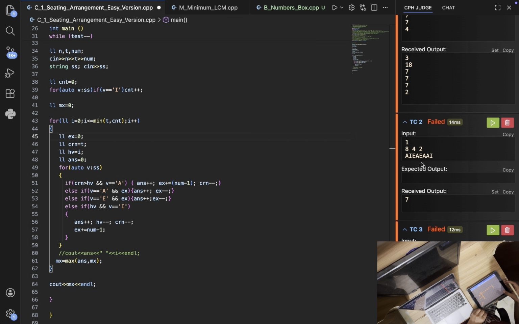Okay. Taking this introvert means taking two introverts.